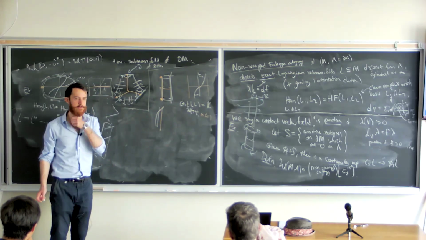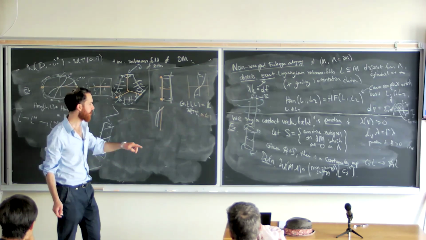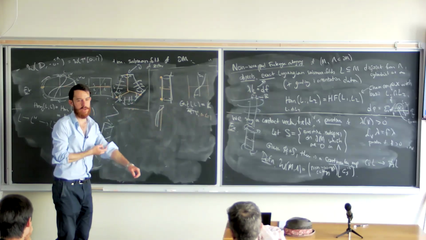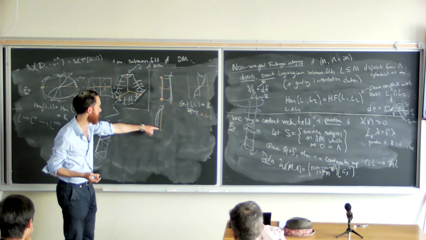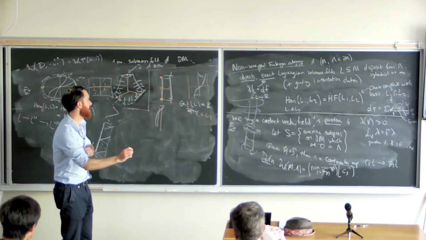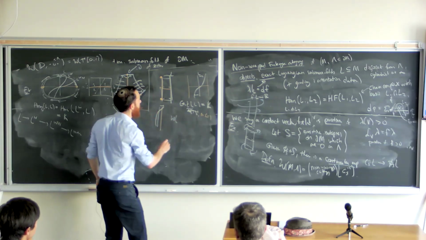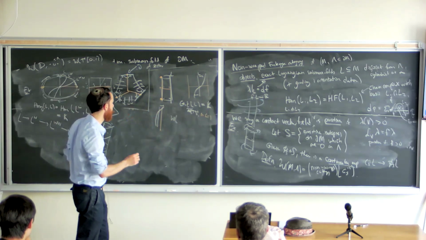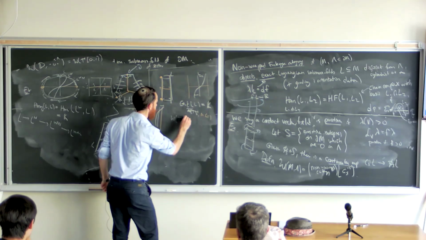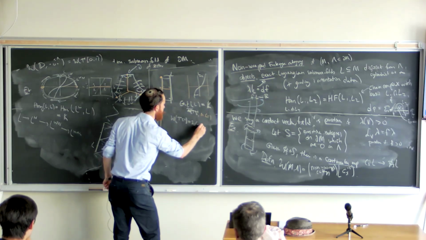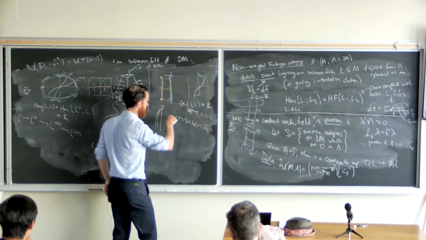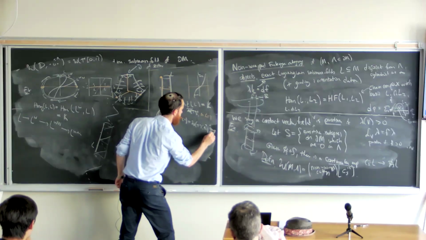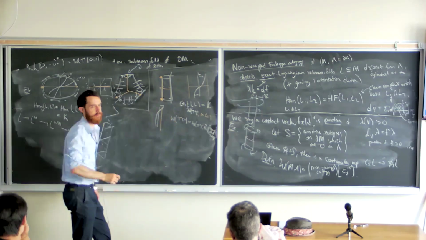My definition of the wrapped Fukaya category was precisely that I did some localization of the category that said that if you wrap a little bit, then you don't change what your object is. I would have to do the same thing down here too. So the wrapped Fukaya category of T star S1 is going to be obtained from this partially wrapped Fukaya category of T star S1 with stop lambda by some localization, which is wrapping past the stop, inverting that guy here.